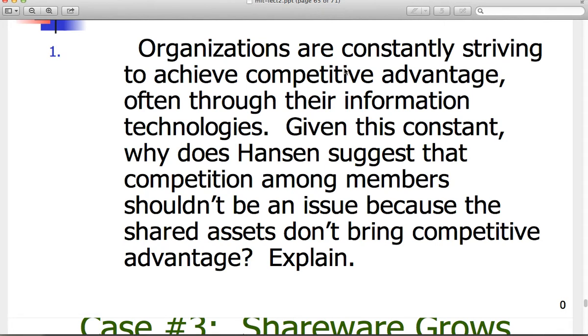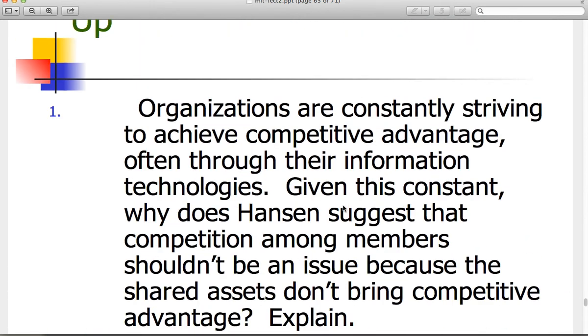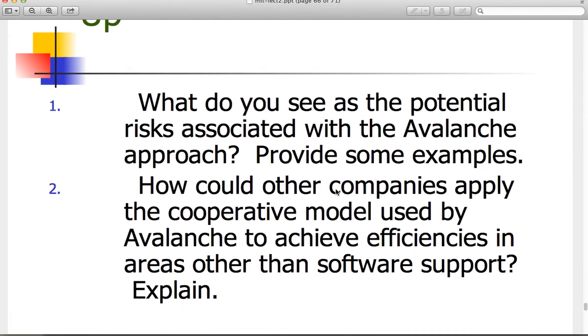So why does Hansen suggest that competition among members shouldn't be an issue because the shared assets don't bring competitive advantages? The author of the book makes that suggestion because it's not the technology that's giving us the competitive advantage, it's what we're doing with it.